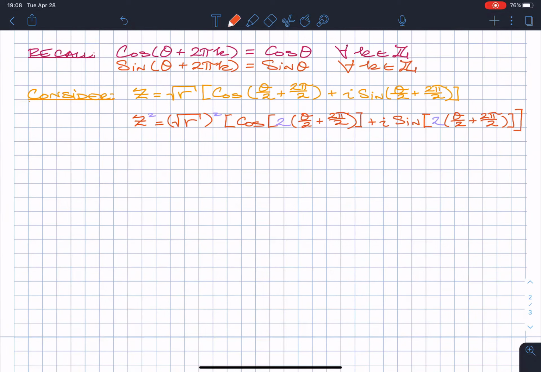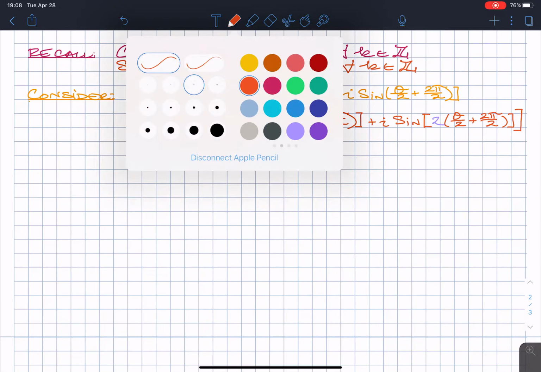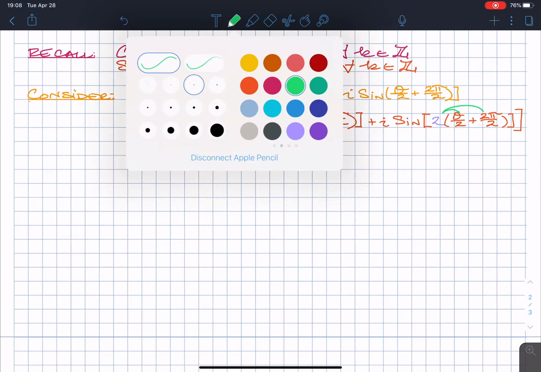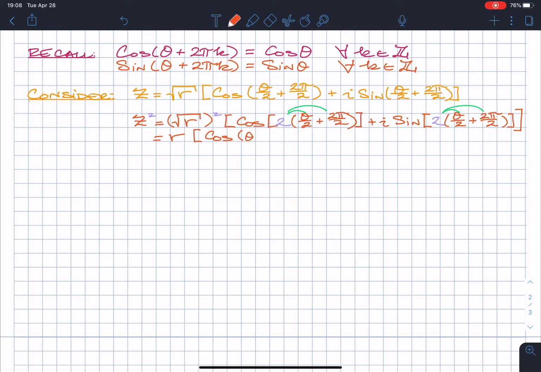Okay, so what do we get? The square root of something squared is just what's inside, so we just get r. And this will become cosine of, distributing the 2 inside, the 2's in the denominators reduce, so I'm left with cosine of theta plus 2 pi plus I times sine of theta plus 2 pi. But I know that any integer multiple of 2 pi is the same as the original function. So this is r, the modulus, times cosine of theta plus I times sine of theta.